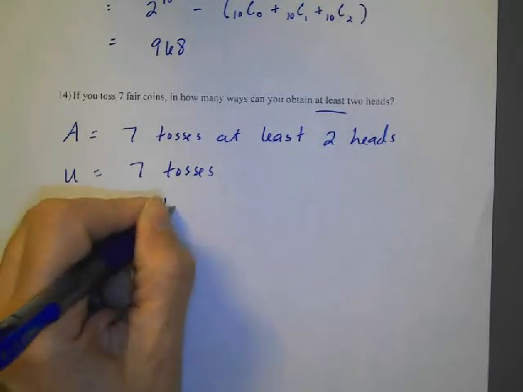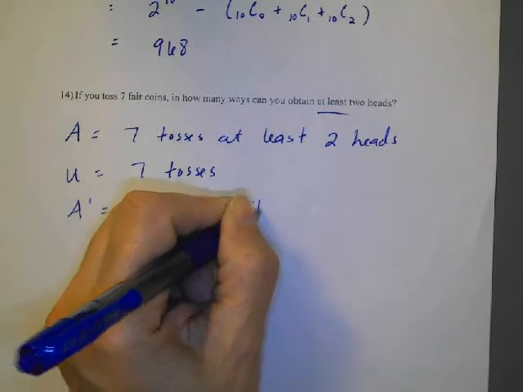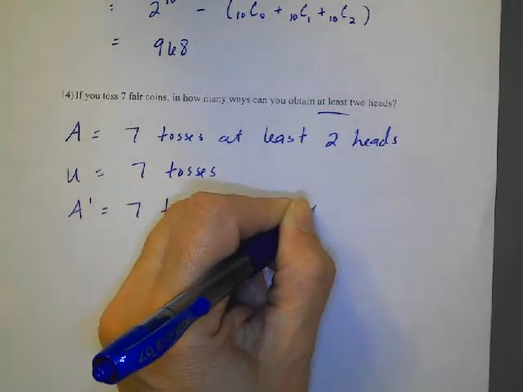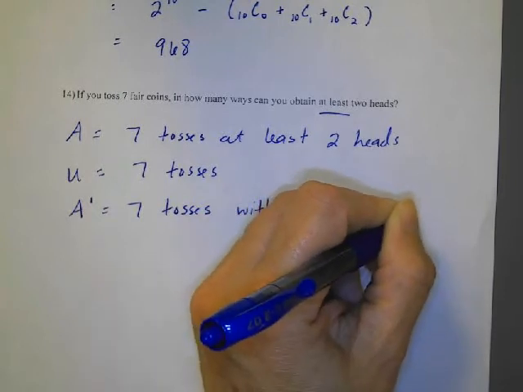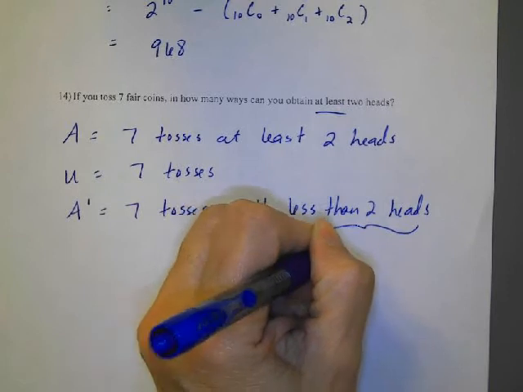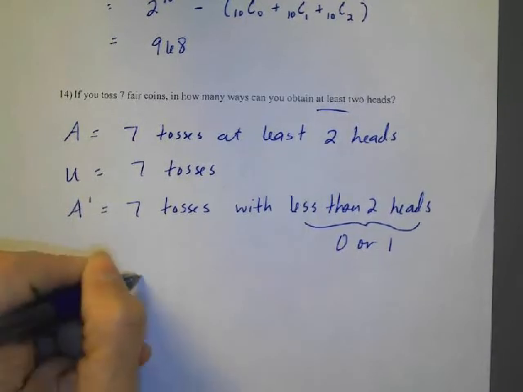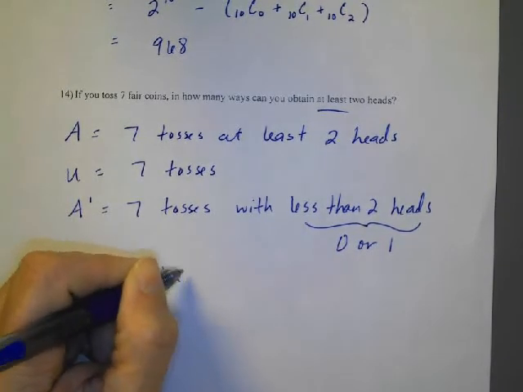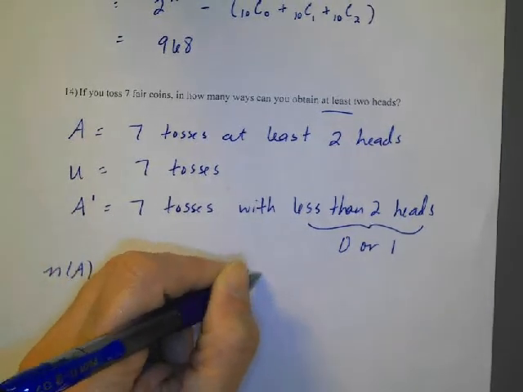A prime, 7 tosses with less than 2 heads. Now that means this time 0 or 1. So n of A equals n of U minus n of A prime.